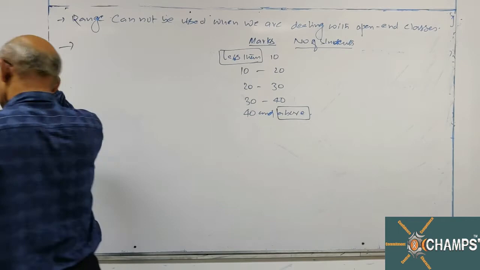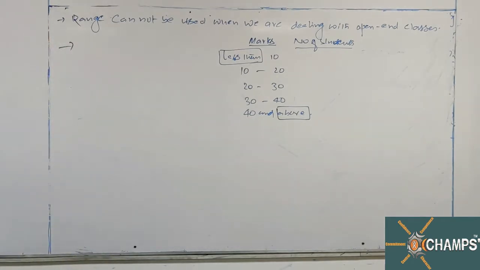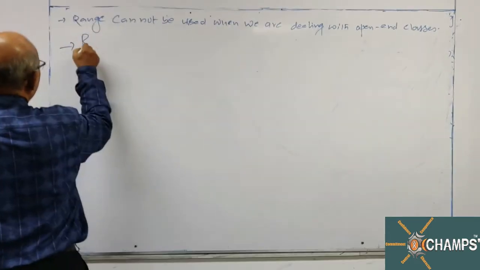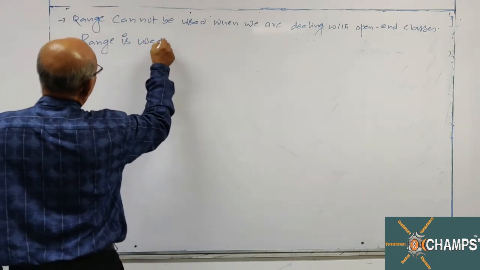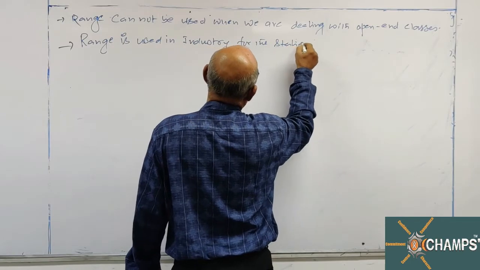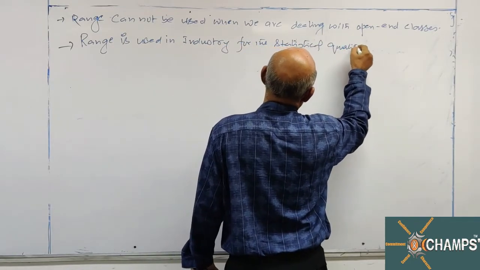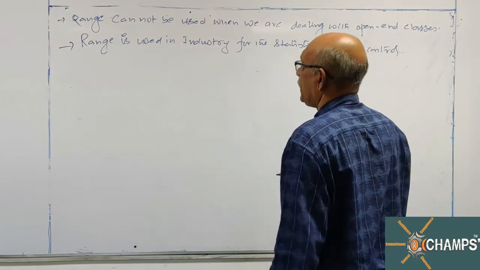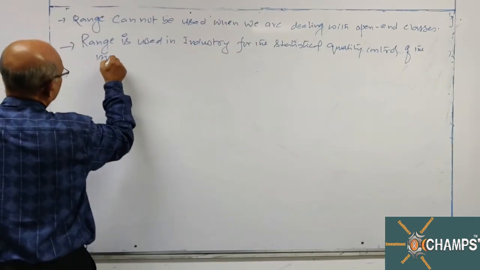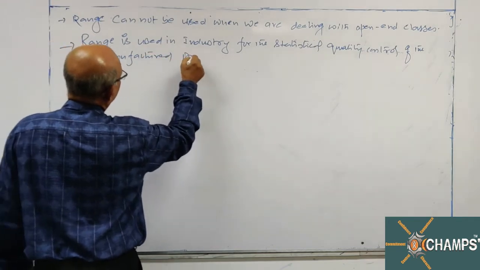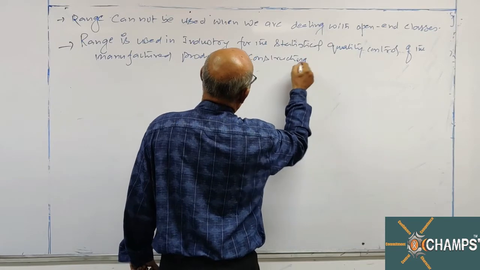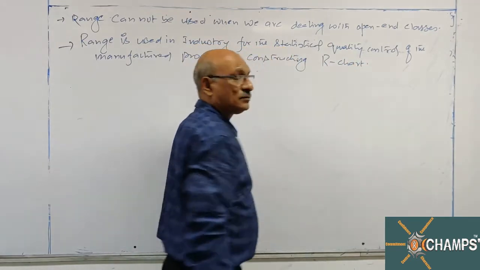Next point. Range is used in industry for the statistical quality control of the manufactured product by constructing an R chart.